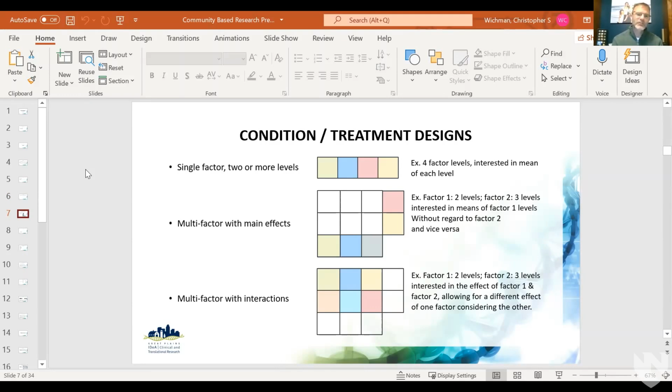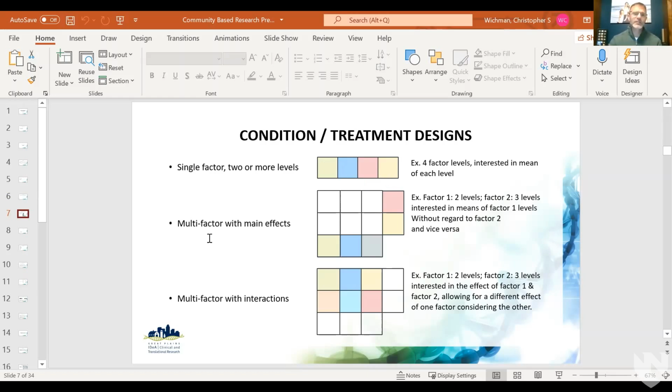But if I look at a single factor, this is something that has 2 or more levels. So in this example here, I'm just color coding this, and I realize these colors are basically the same on the 2 ends. This is a really light yellow. This is a really light orange. But the different colors are supposed to represent the different factor levels here. So I basically have a single factor, but I have 4 different levels, whatever that happens to be.